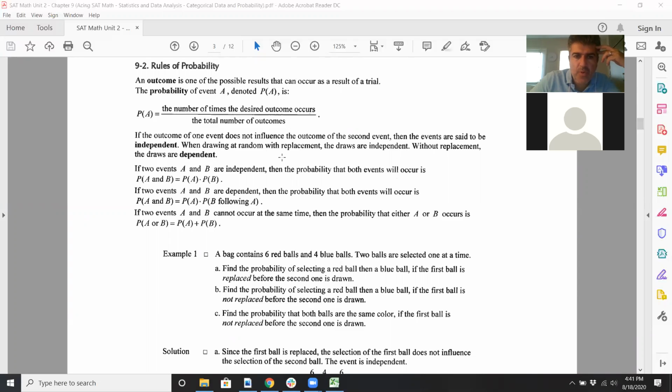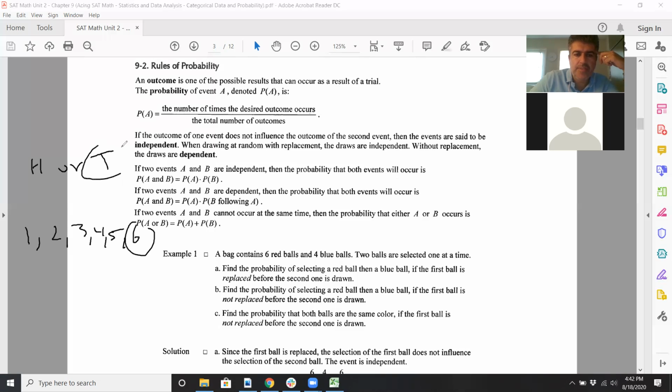There are some fancy formulas here, which I don't know if I'm going to totally get into, but they probably have two events occurring at the same time. Let's say, for example, what's the probability of flipping a coin and getting heads, and the probability if I roll a die of getting, say, a 6.